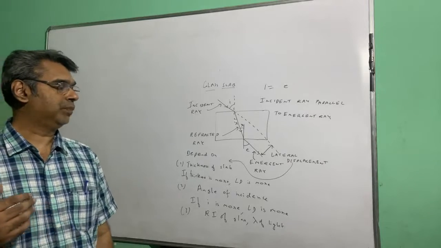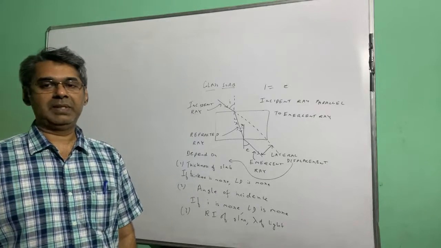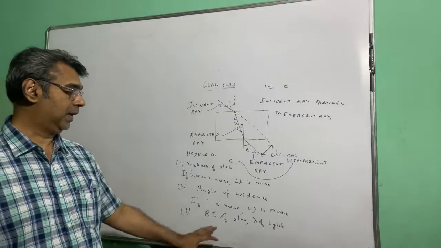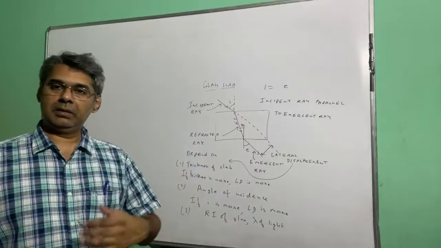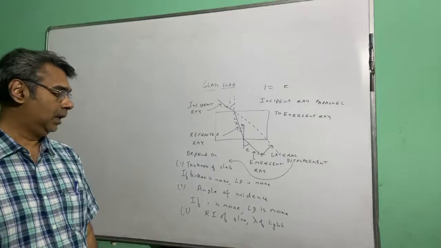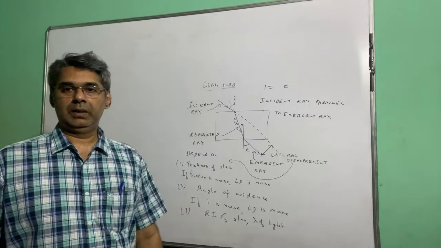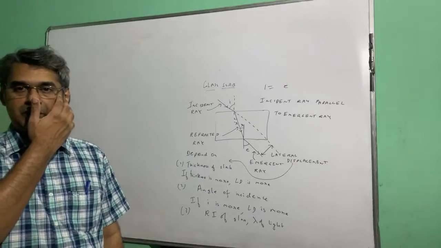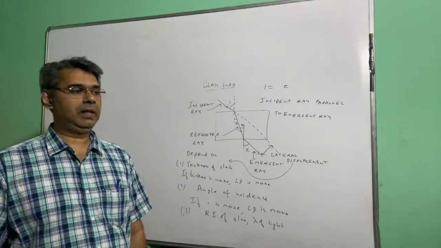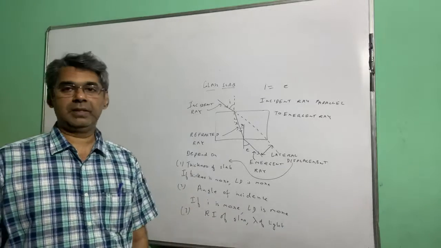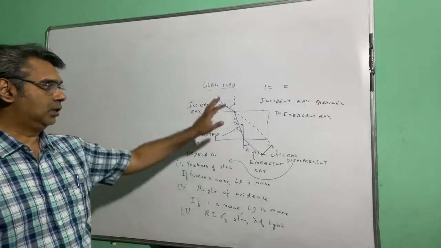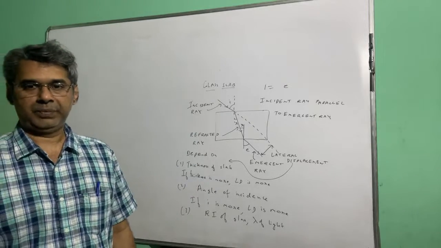Violet has the least wavelength, that means it has the highest refractive index. So the refractive index of glass depends on the wavelength which you are using. If it is violet, the refractive index will be high. If it is red, the refractive index will be low. So this is the topic for today, glass slab, right?